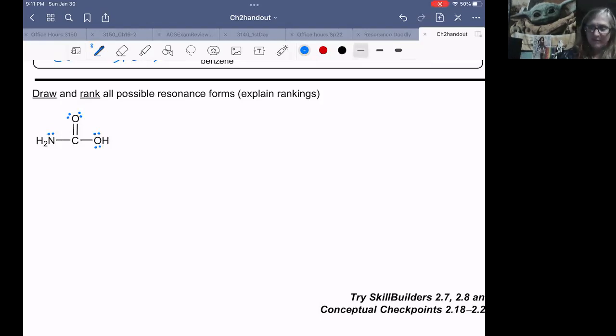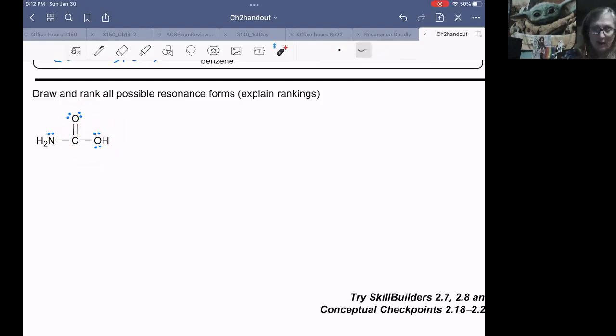So what are some patterns that we can see? Maybe you see that we have allylic lone pairs. We have a lone pair that's adjacent to a pi bond. We have it over here, and we have a lone pair over here that's adjacent to a pi bond. So those are a couple patterns we can look for.